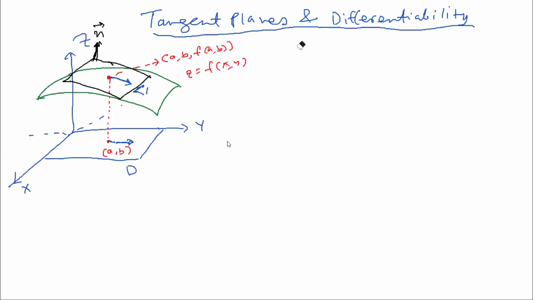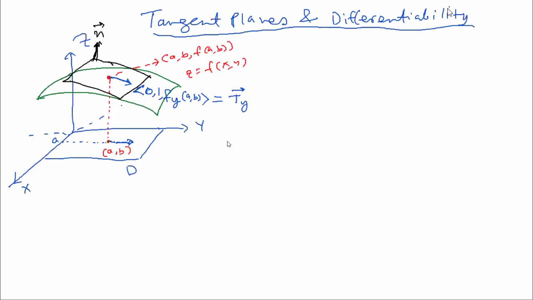So x is fixed here. X is fixed. Y is changing. So that means what? X is fixed. If y changes 1 unit, how much is z going to change? The rate of change is given by the partial derivative. That's this. And that vector I'm writing as t_y.